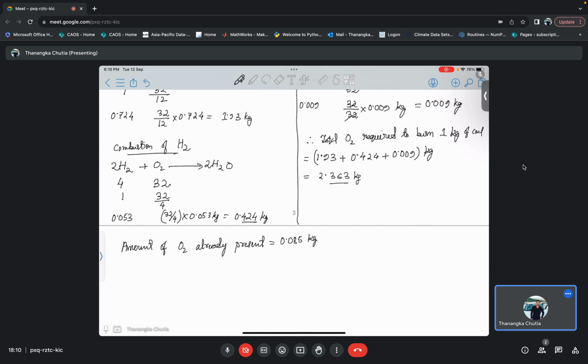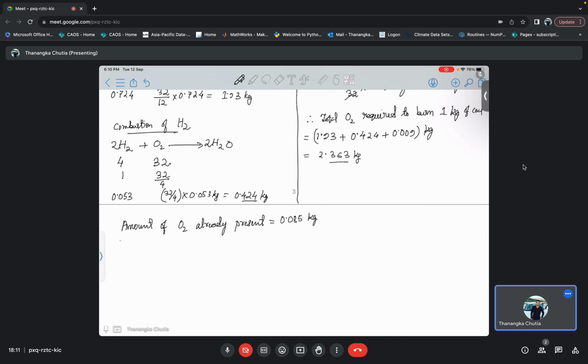So therefore the actual amount of oxygen required for combustion will be 2.363 minus 0.085 kg, and that will be equal to 2.278 kg.